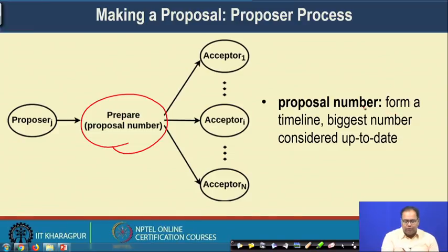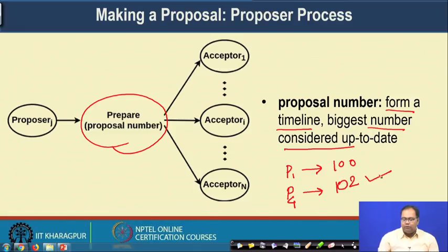This proposal number forms a timeline, and the biggest number is considered up to date. For example, one proposal is coming from P1 with proposal number 100, and another proposal is coming from, say, P4 with proposal number 102. Then we will accept the proposal coming from P4.